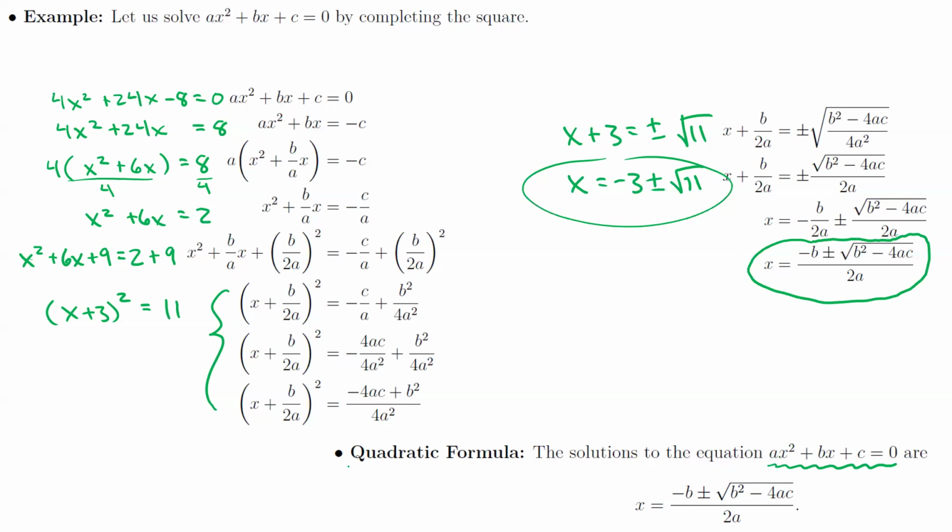And we call this the quadratic formula. Remember that completing the square will solve any quadratic equation, right? Whereas solving by factoring only solves equations that factor, of course. So since completing the square always works, and the quadratic formula comes from completing the square, the quadratic formula will always work as well.